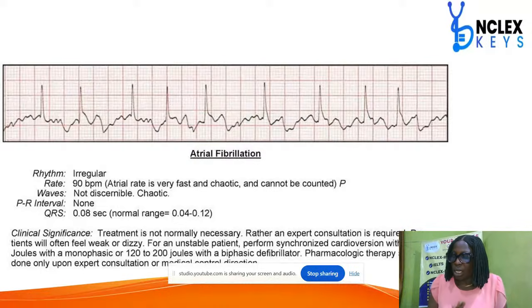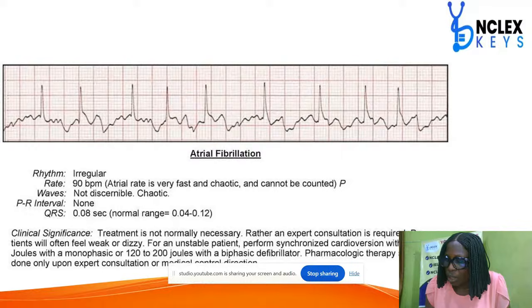It's like a continuous contraction. So there's a tendency for blood to pool. And don't forget that the ventricle is not in continuous contraction. It's just the atria. So while the atria is doing that, the blood might be pooling down in the ventricle, which can cause clots. And this patient will now have a risk for a stroke. So part of the drug you are going to anticipate for this patient is anticoagulants.